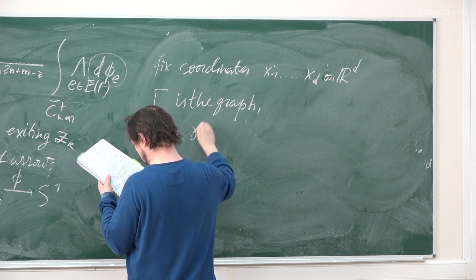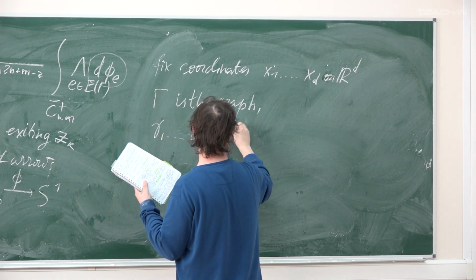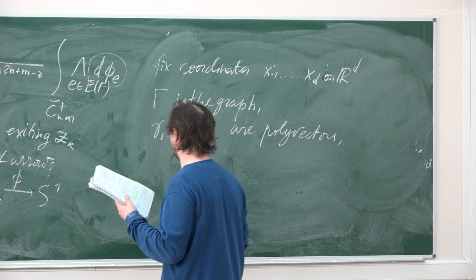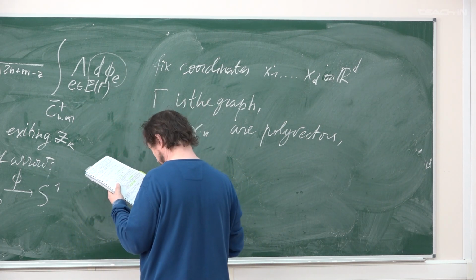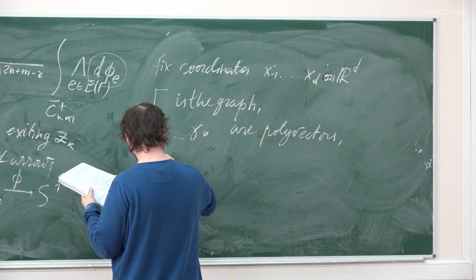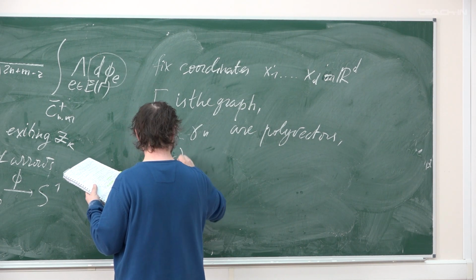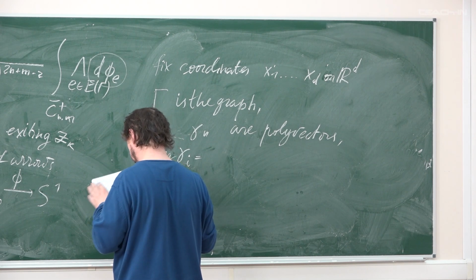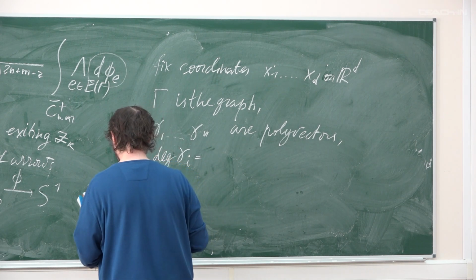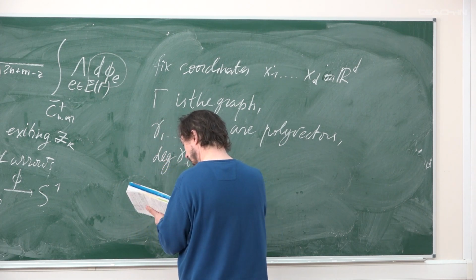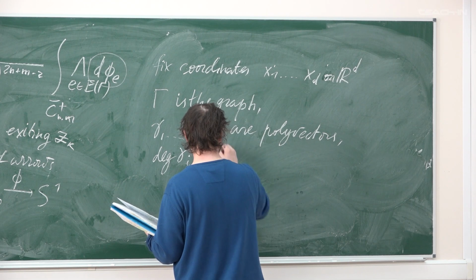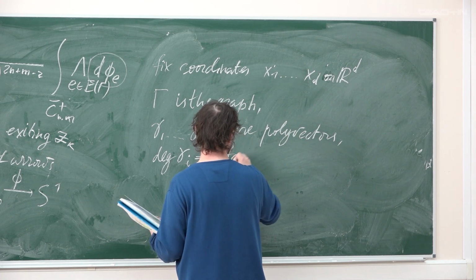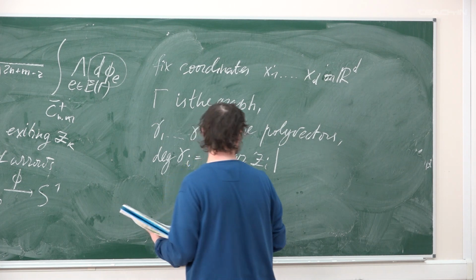Gamma 1 through gamma n are homogeneous polyvectors of some fixed degrees, and we also assume that the degree of gamma i is equal to the number of arrows exiting the ith vertex.